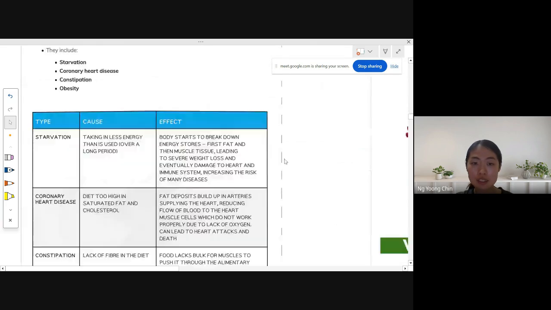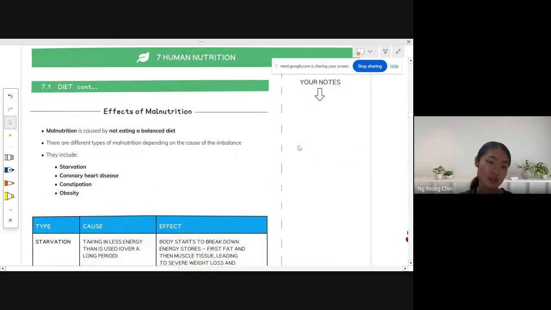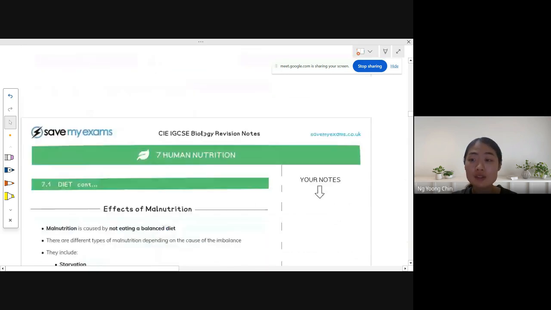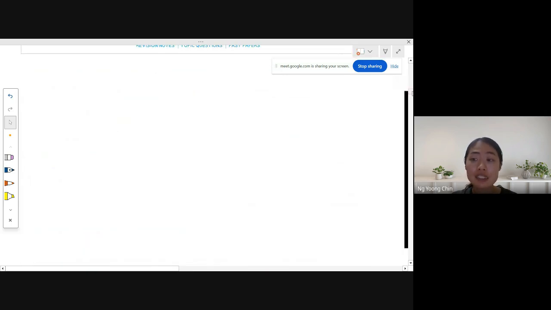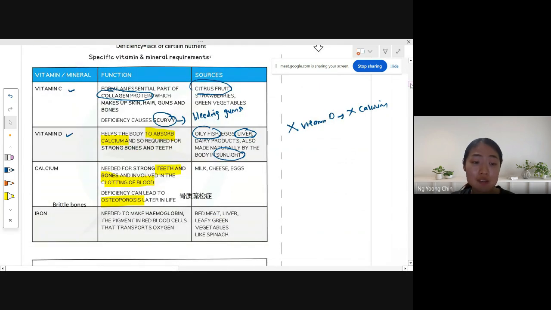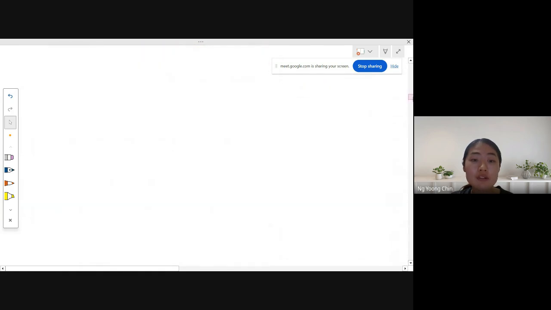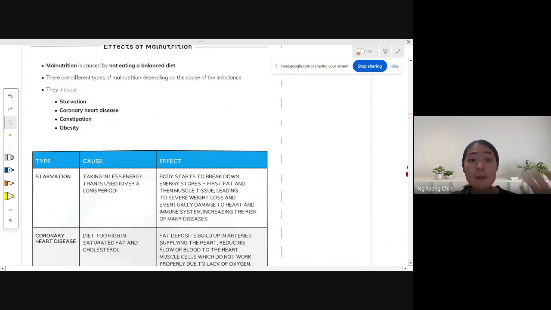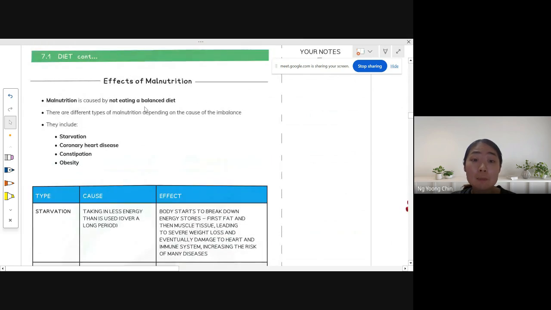And now we continue to study malnutrition. Malnutrition is different from deficiency. Deficiency means you are lacking certain nutrients, maybe vitamin D, maybe a mineral, a specific nutrient. However, malnutrition means you are not eating a balanced diet.